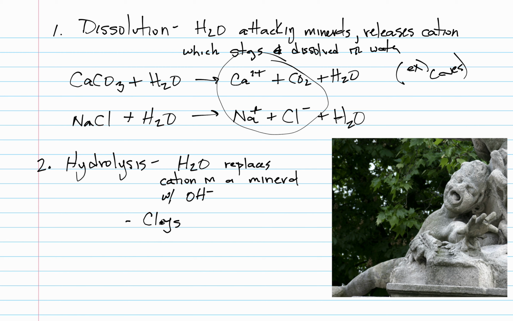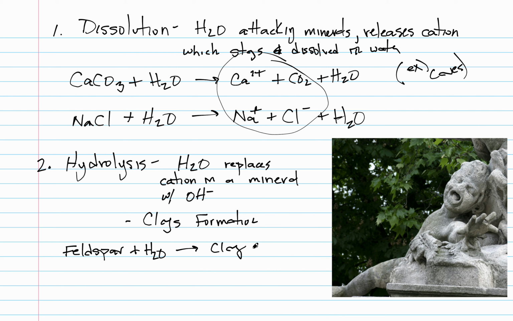So this is a clay formation, occurs by hydrolysis, and we take something called a feldspar. Feldspar is a group of minerals, plagioclase, microcline. These are very important rocks. It's the pink in granite. It's the white in granite. Feldspar is like the number one mineral in the Earth's crust, actually. And if you add water to that feldspar, you produce a clay.